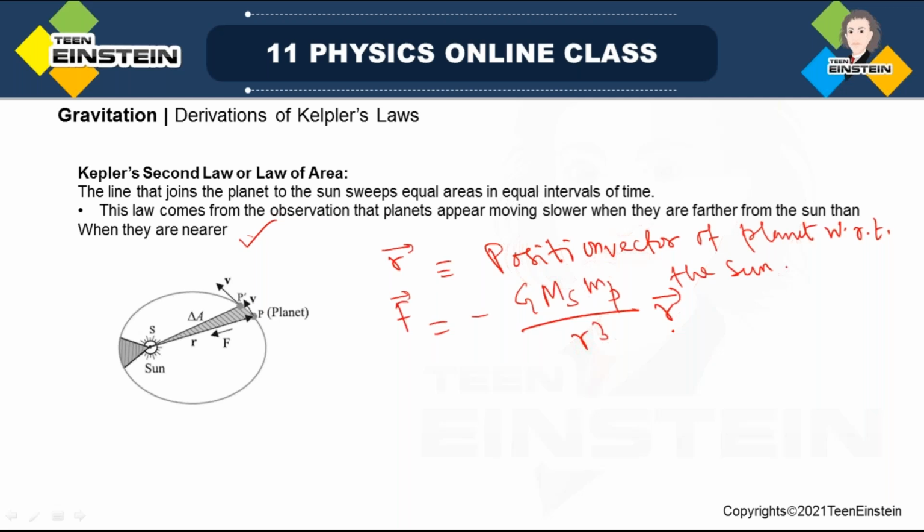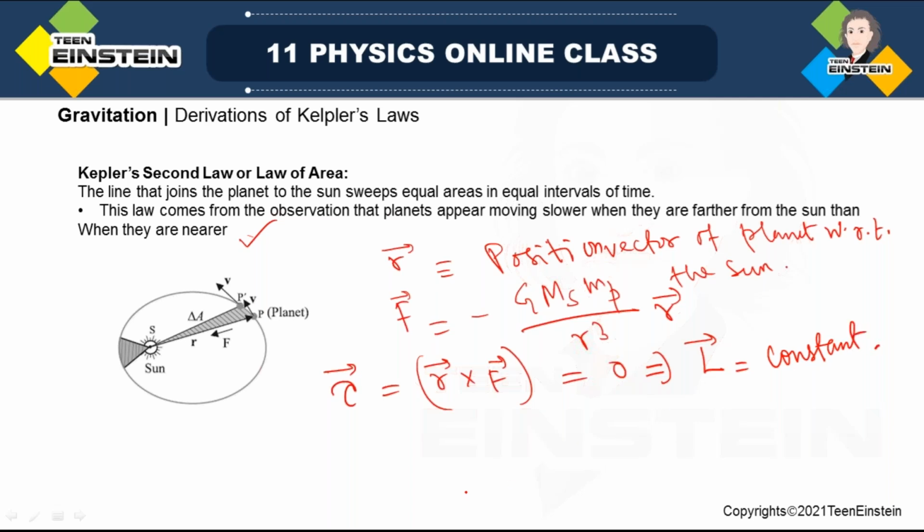The torque exerted on the planet by this gravitational force will be zero, right? That we have already proved in the previous slide. So this is 0. Then what was the corollary from here? L, the angular momentum, is constant. So this is what we have got.